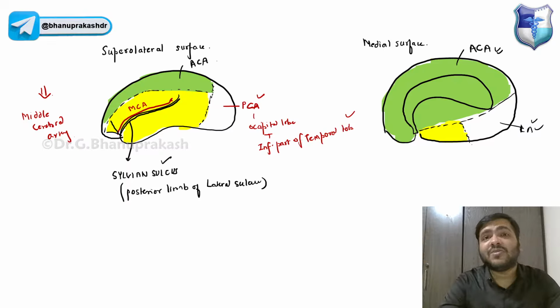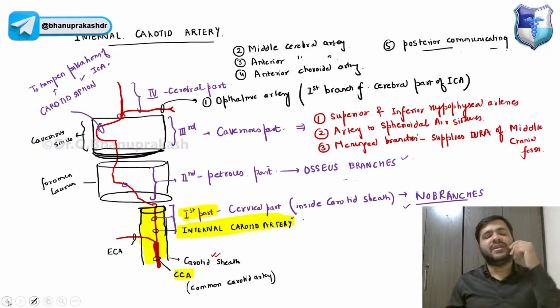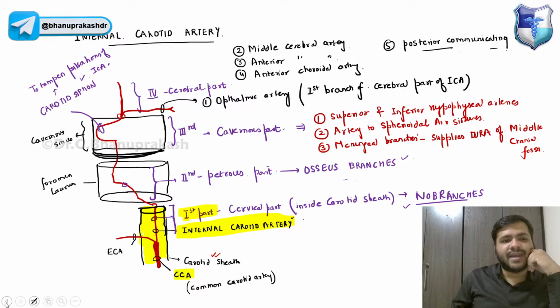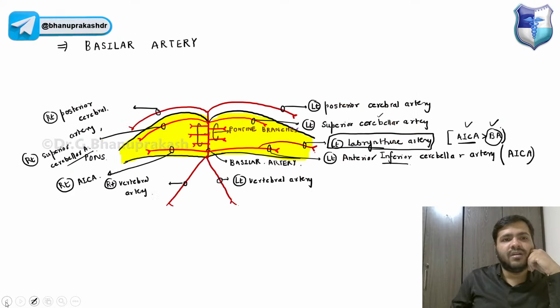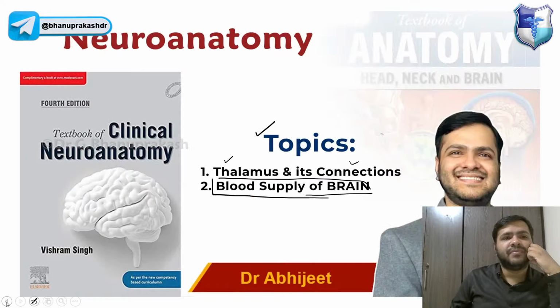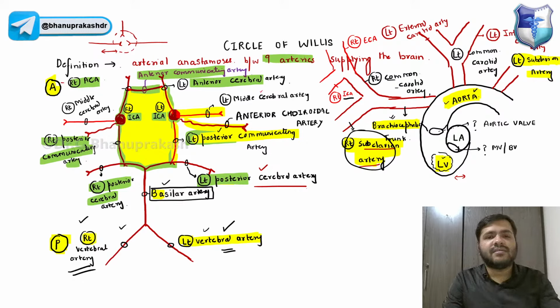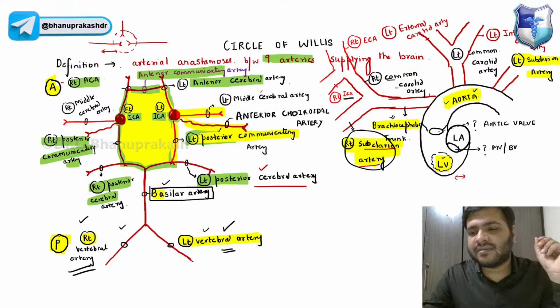It is also called the artery of cerebral hemorrhage, and it is basically supplying the posterior limb and the lentiform part.